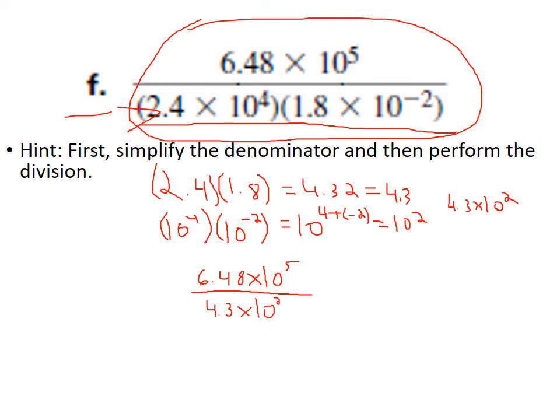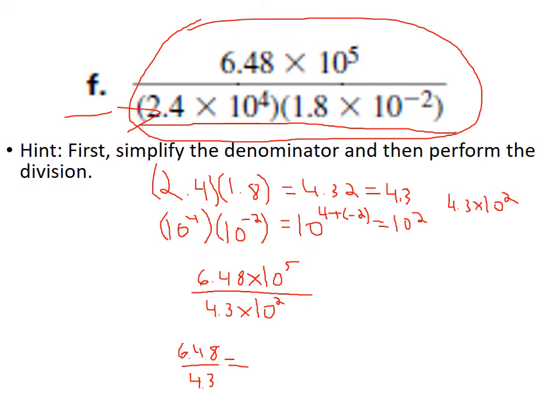And now I can carry out this whole division. So I'll start off by doing my 6.48 divided by 4.3, and there's two sig figs in the 4.3, so I should have two sig figs in the end. Remember the least number of significant figures.